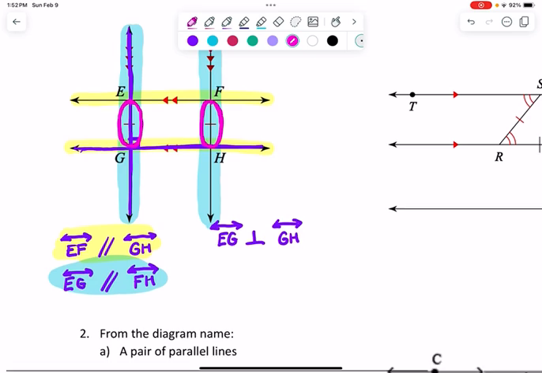Same shape, same size. So these are line segments. So I'm not drawing a line with arrowheads on top, but just a line segment on top. And remember the symbol for congruent is an equal sign with a squiggle. And that line segment EG is congruent to line segment FH.